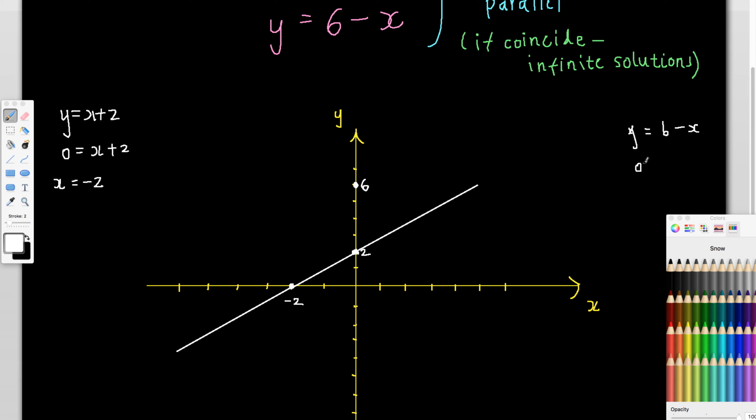To find where it touches the x-axis, I substitute a y value of 0, and I can see the x-intercept must be 6. I'll do this one in a different colour.